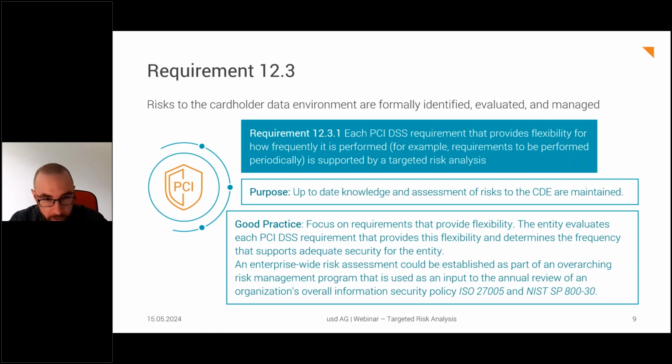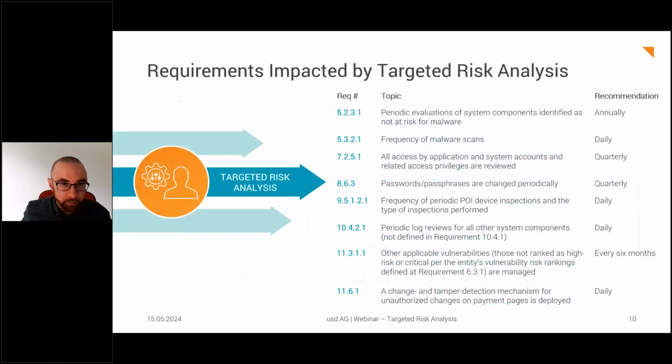So this would be your risk mitigation in a way. And PCI DSS also recommends some risk assessment and management processes or frameworks such as by NIST or in the ISO world here. So let's look at the requirements that are really targeted here.